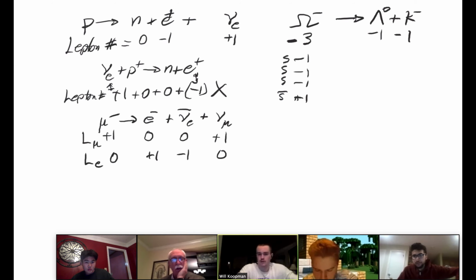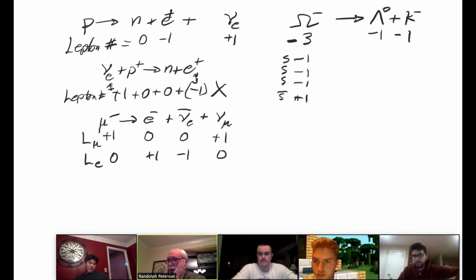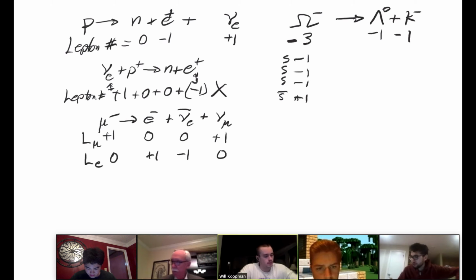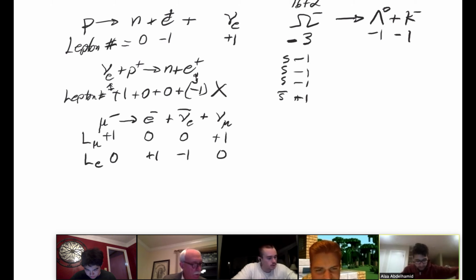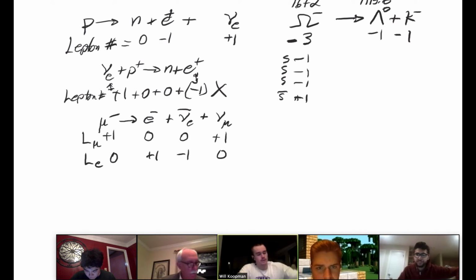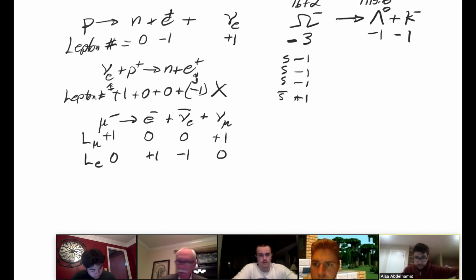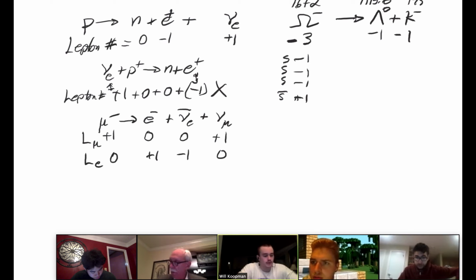Is the omega minus mass greater than the sum of the 2 masses on the right-hand side? Yeah. So, if we are allowed to violate the strangeness conservation, like for the weak interaction. The kaon is 493.7.